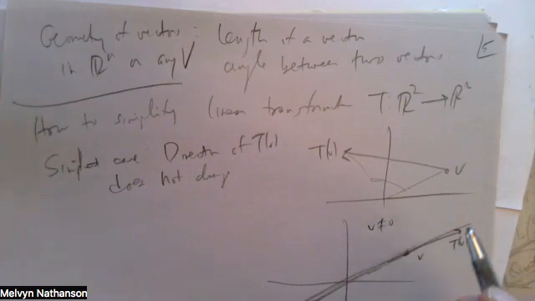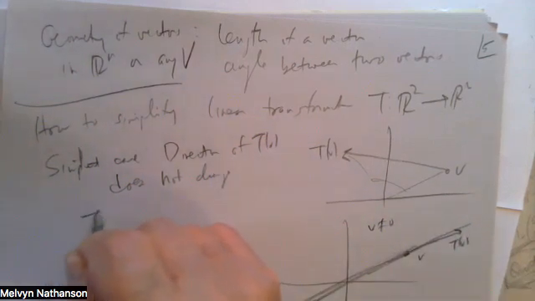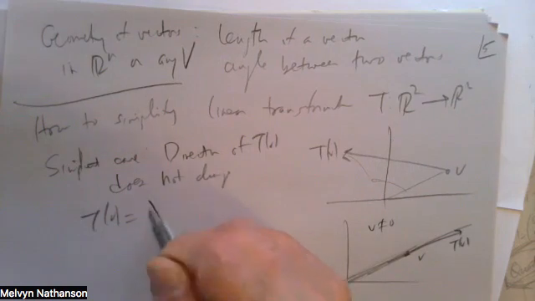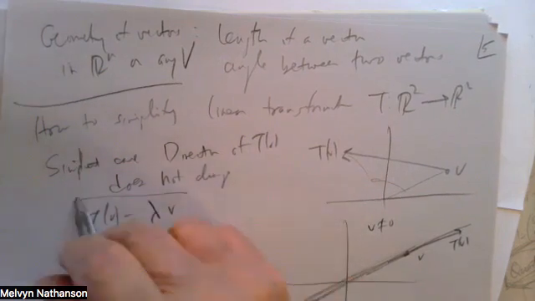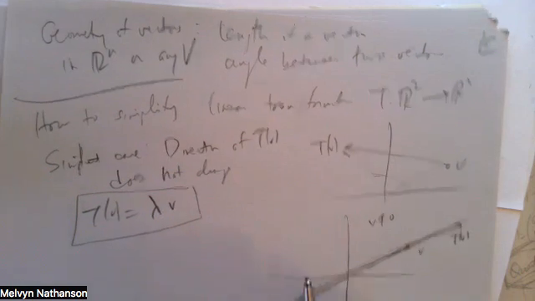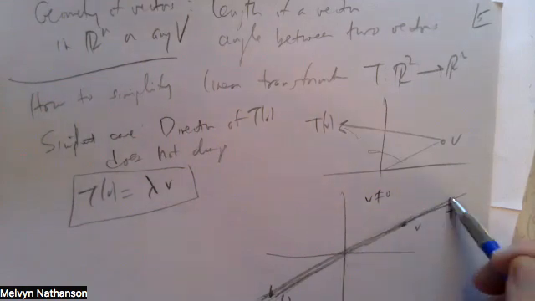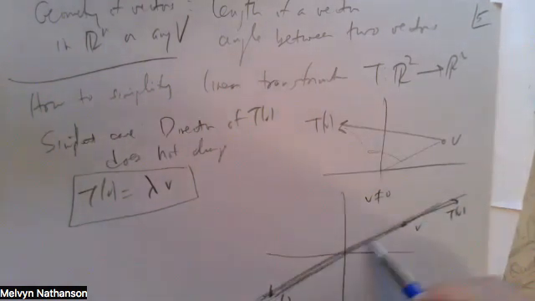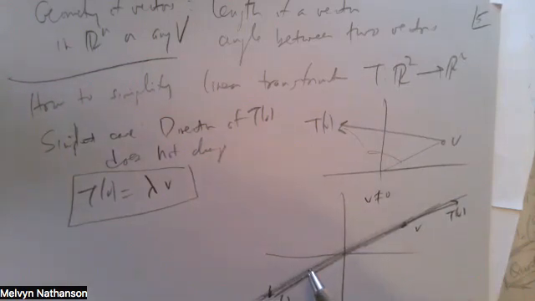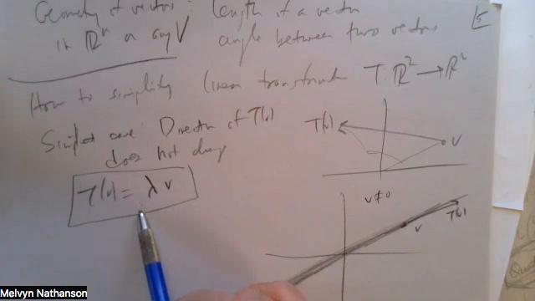T of zero is always zero. In this case, T of v is just some scalar multiple lambda times v. So a vector that has this property is very nice because T doesn't change its direction. The linear transformation just extends it either this way or this way, but it still is lying on this line.